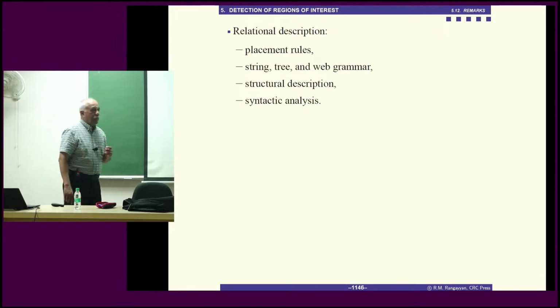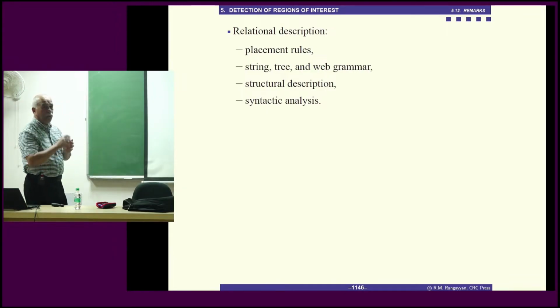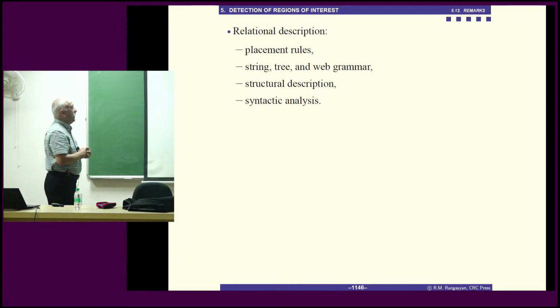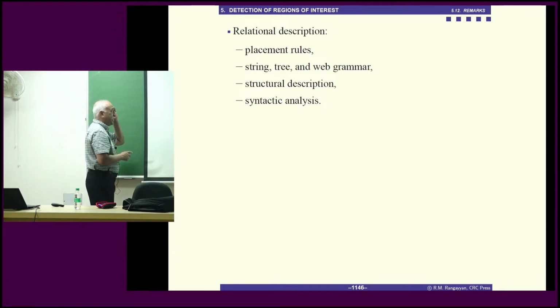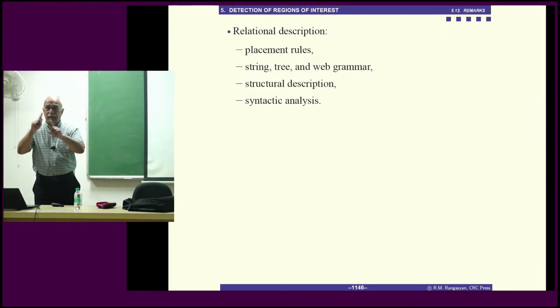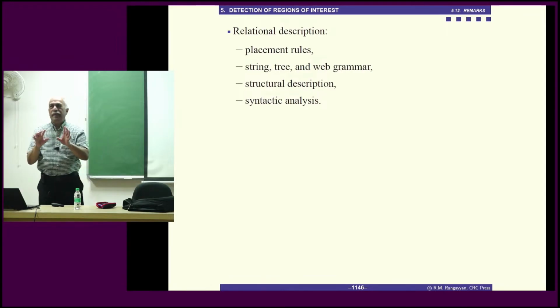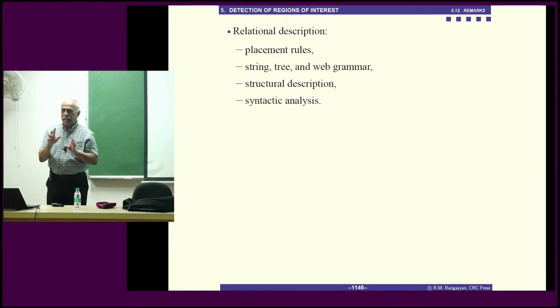A relational description. You have multiple regions that you have detected. What are the placement rules? How are they placed? Some kind of a grammar to connect them. Structural description and syntactic analysis. Describe each one and then describe somehow how they are placed, how they interact, what is the interplay between them, such as a cluster of calcifications.